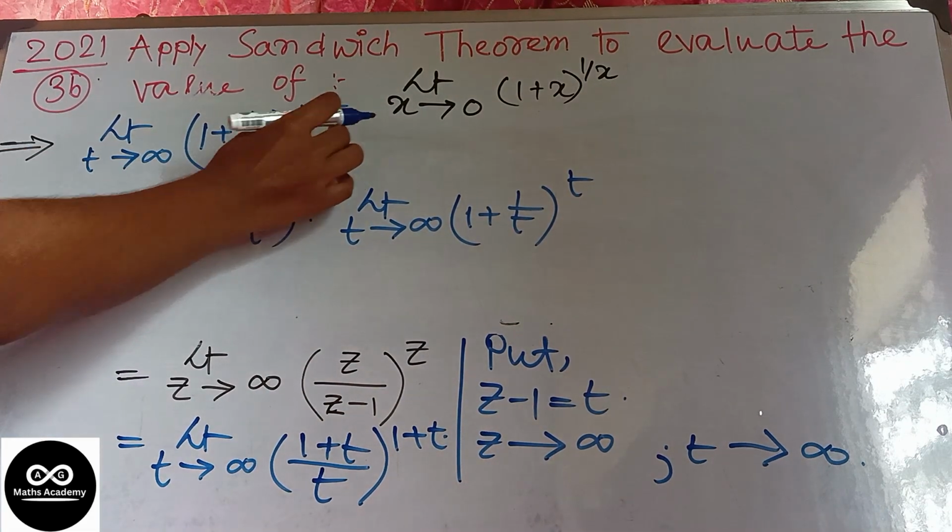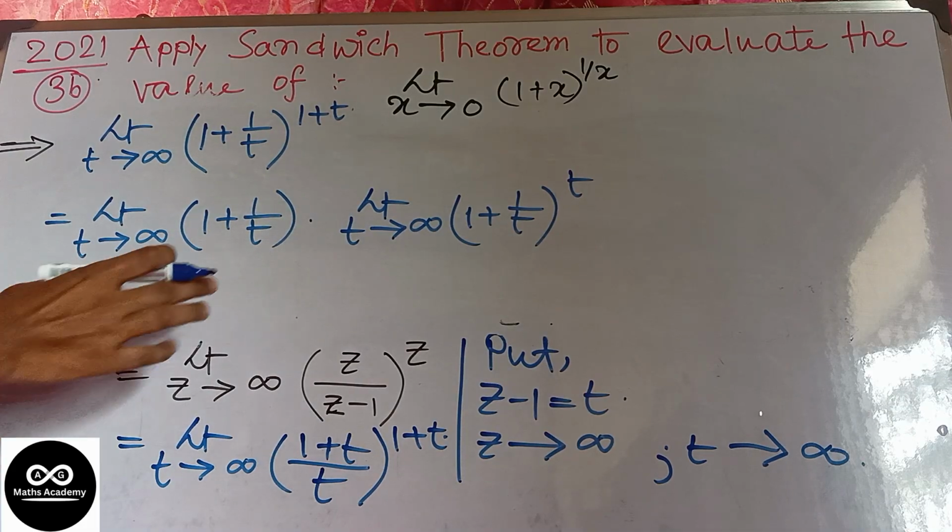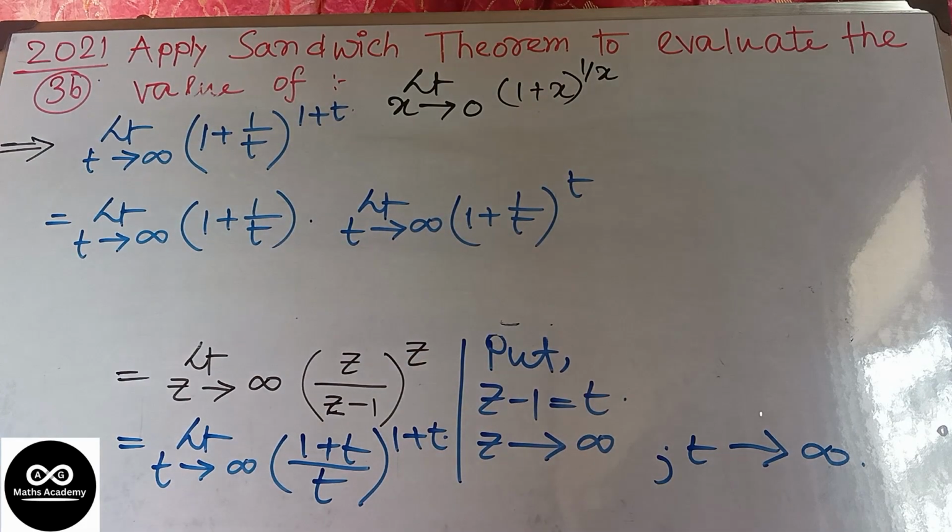As it's 1 + t, it will be this multiplied by this.